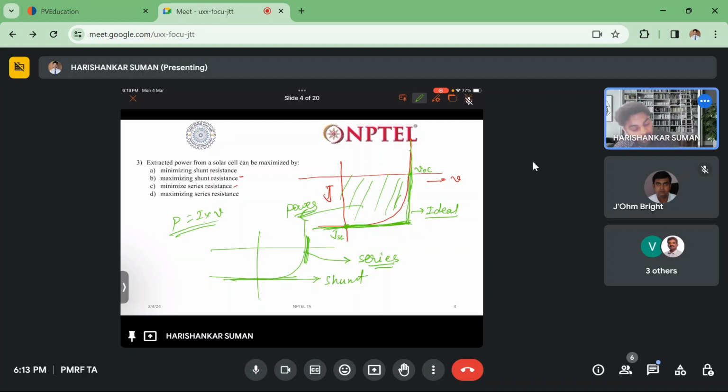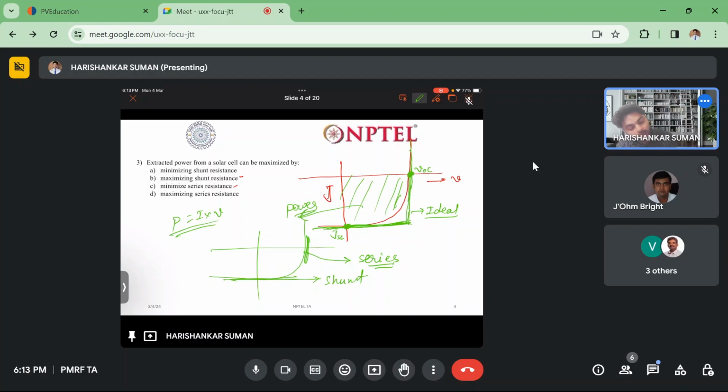The tangent at VOC, the reciprocal at VOC gives series resistance, and the tangent at JSC, the reciprocal of the tangent at JSC gives us shunt resistance.